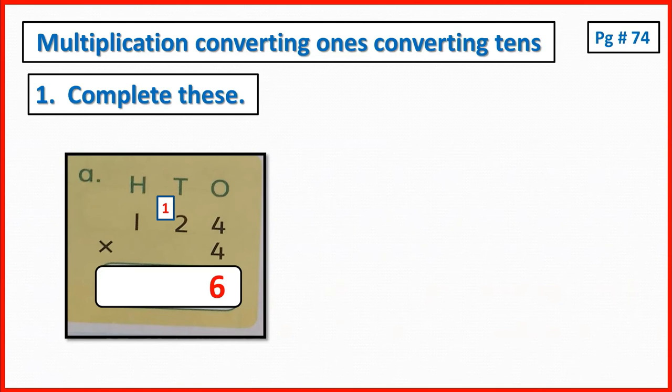Now multiply tens. 4 twos are 8. Add 1 ten into 8 tens. 8 tens and 1 ten equals 9 tens. So write 9 tens in the tens column. Now multiply hundreds. 4 ones are 4. So write 4 in the hundreds column. So the answer is 496.